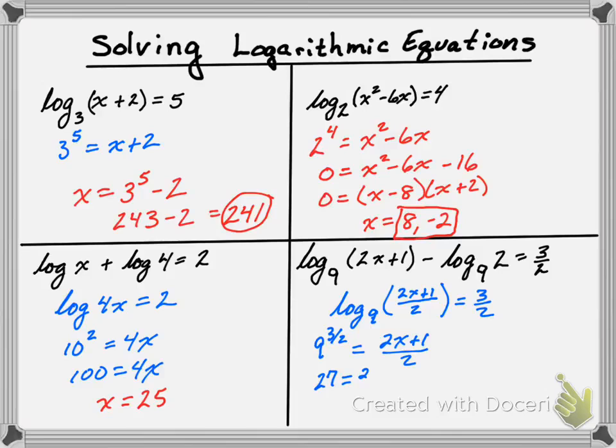So that is equal to your 2x plus 1 over 2. All right, we're now going to move this 2 over to the other side by multiplying it. So that gives us 54 equals 2x plus 1. We're going to subtract. And then dividing is going to give us x is equal to 53 over 2.